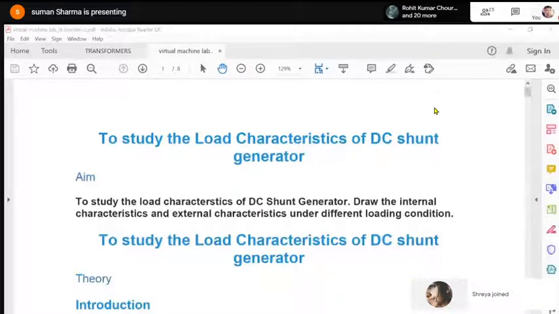What is the external characteristic? From this internal characteristic, when we subtract the ohmic drop due to the resistance, IARA, we get the external characteristic. When you increase the load current to a particular point, this external characteristic will meet the x-axis, that is, the voltage becomes zero.